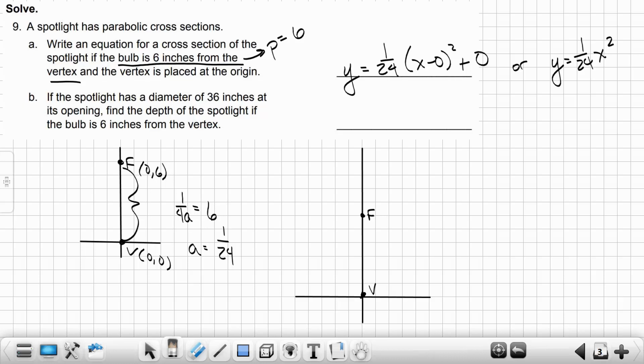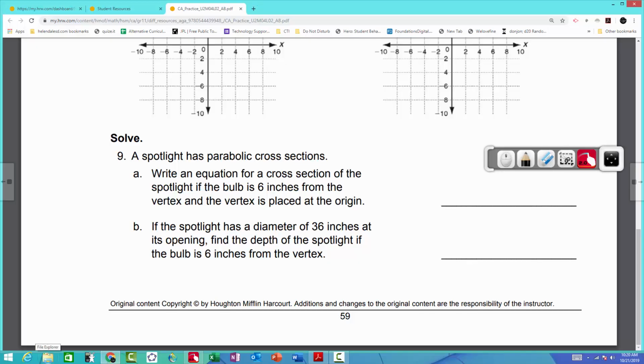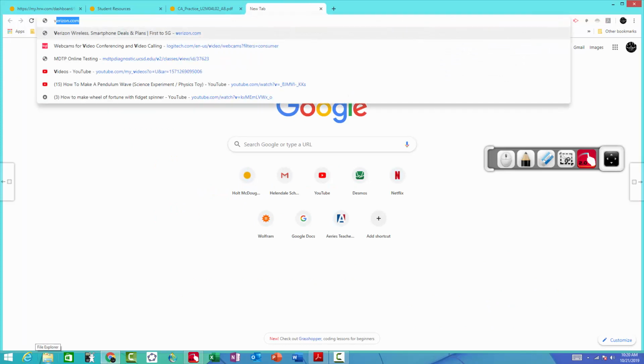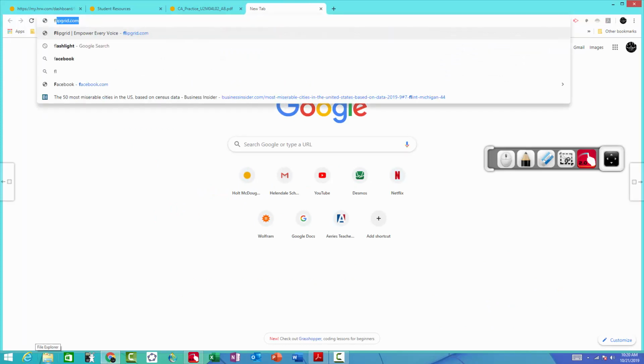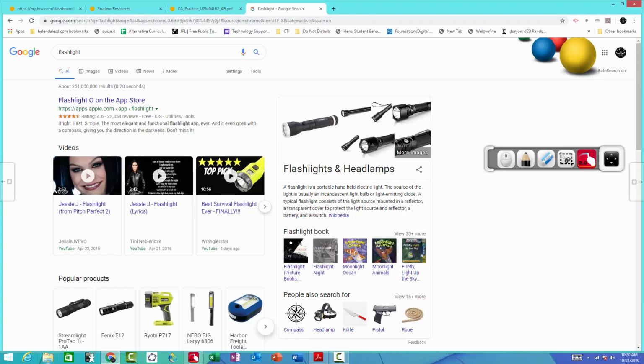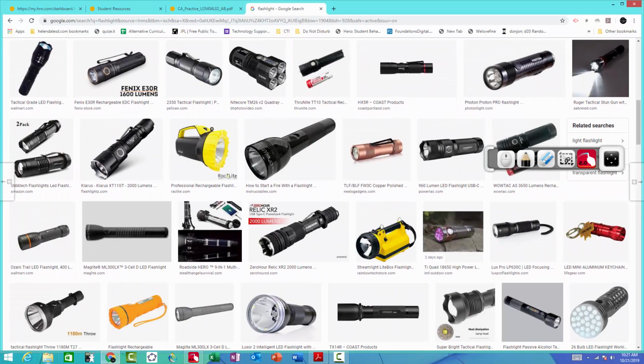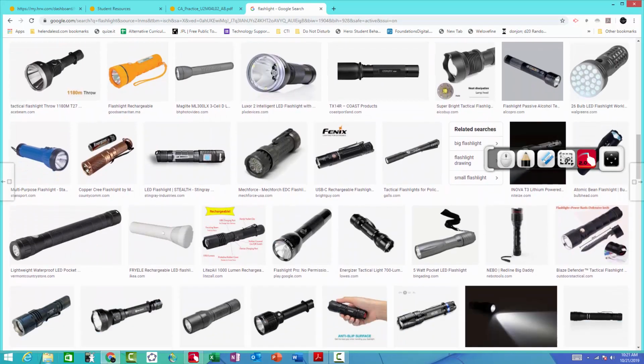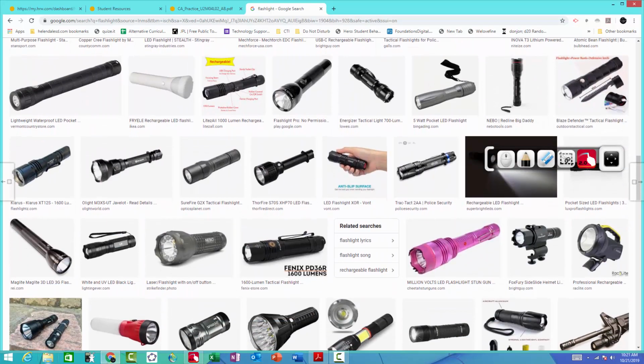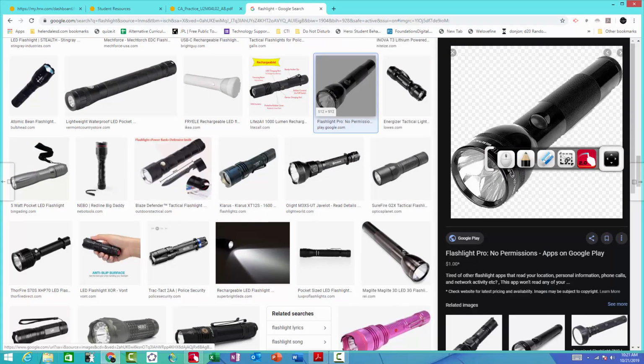So at the opening, the spotlight, so if you guys have that flashlight, come and bring that picture back up. Oh, I don't have them up anymore. Sure. I'll bring up this one.